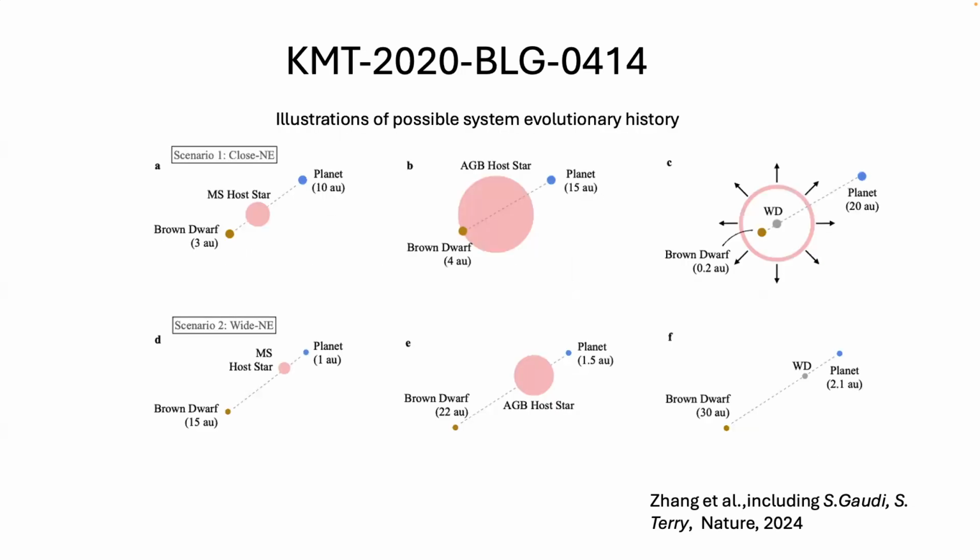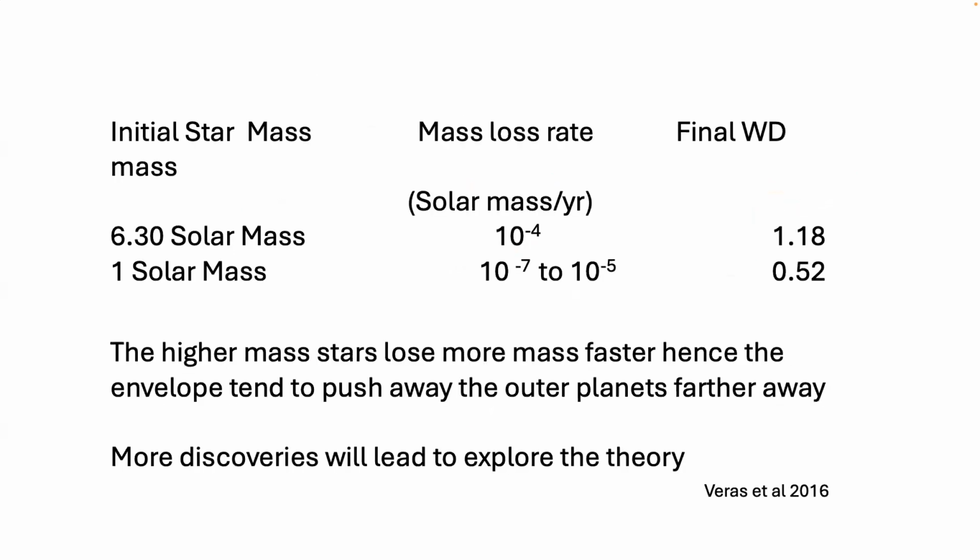I don't want to go into too much detail about this, but basically it's trying to say that we can have very different possible system evolutionary histories. And the more data we get on bound planets around white dwarfs, the more we will know what it's going to be like. There's another result from Veras et al. 2016.